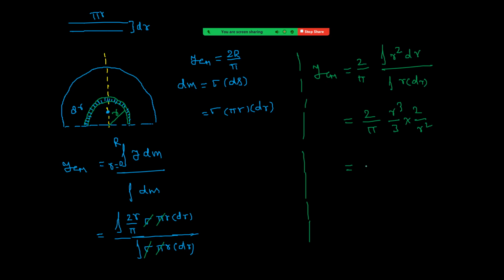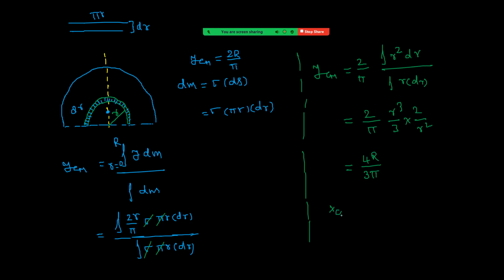Now take limits, 0 to R. R cube, this is r square, remaining is r. 2 by 3, so 4r by 3 pi. Okay. That is now the y coordinate of center of mass.